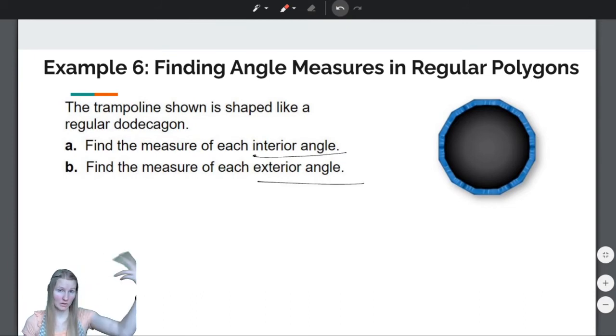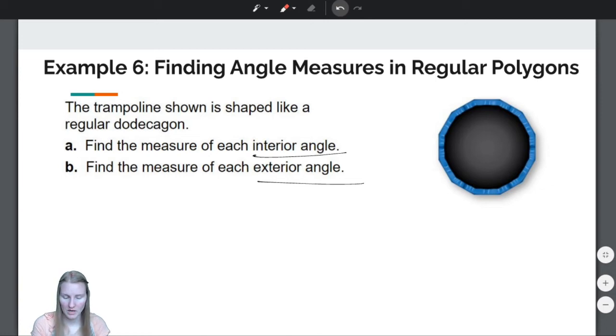So now you know why we reviewed the interior angles theorem, because we're talking about both interior and exterior angles. The trampoline shown is shaped like a regular dodecagon. Let me count the number of sides: 1, 2, 3, 4, 5, 6, 7, 8, 9, 10, 11, 12. 12 sides to this shape.